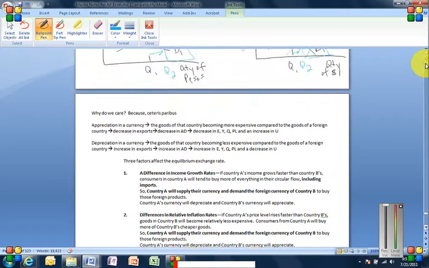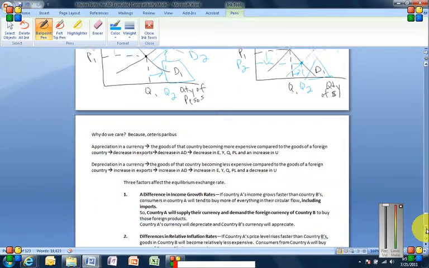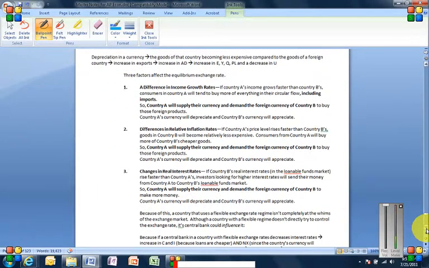So, go back to our example. If the United States was country A and Mexico was country B, this is what it would look like. We would supply our currency in order to buy Mexican goods if our incomes were going up faster than incomes in Mexico. Another factor, differences in relative inflation rates. If country A, let's keep thinking about it as the United States, country A's price level rises faster than country B's, goods in country B will become relatively less expensive.